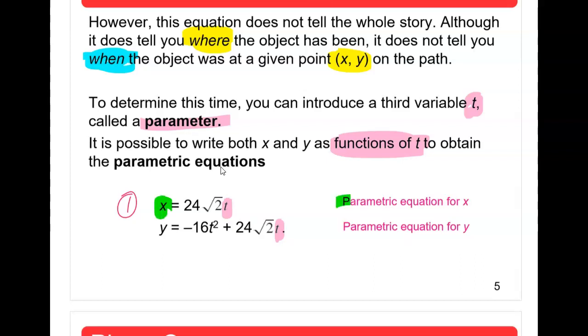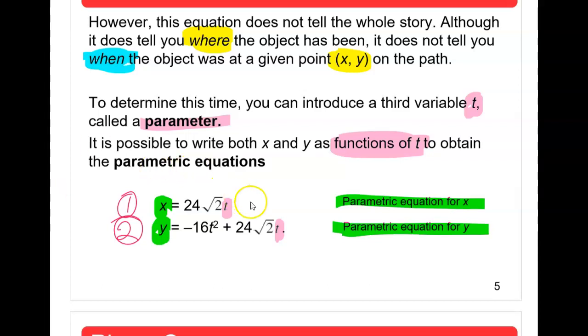So that is the parametric equation for x. And for equation number 2, the output will be y, and that is the parametric equation for y. So what we're going to do in the examples is how to find those two equations.